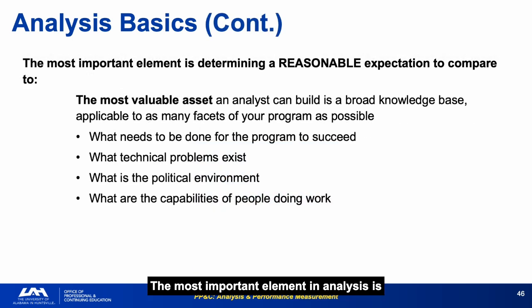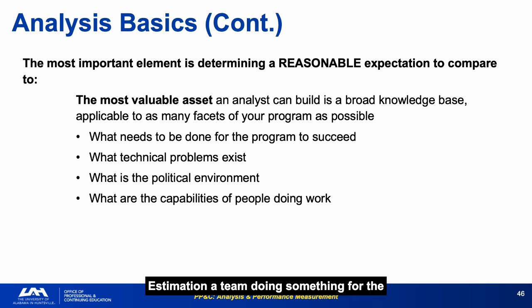The most important element in analysis is determining a reasonable expectation to compare against, built from understanding what the program needs to succeed, what technical problems exist, the political environment, and the capabilities of the people doing the work. The capabilities of people doing the work are the most overlooked factor in cost estimation.